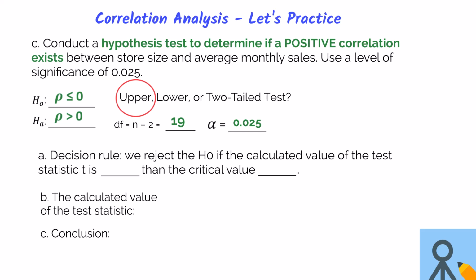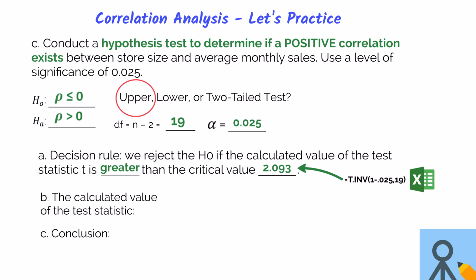We first need to state the decision rule that we will reject the null hypothesis if the calculated value of the test statistic t is greater than the critical value. So like in the chapter 9 videos, we will use Excel to find the critical value. We will use the T.INV function here and input equals T.INV and then 1 minus 0.025, since this is an upper tail test, and the degrees of freedom of 19, and we get 2.093.